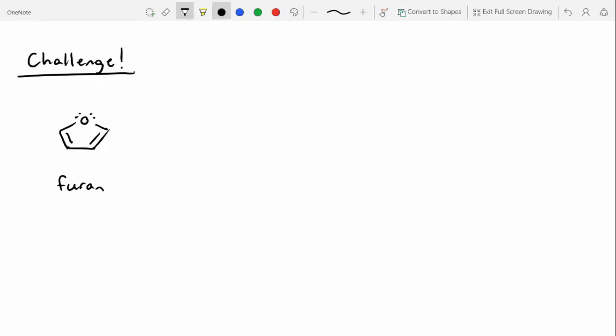Is this aromatic? It's kind of a tricky question. I've heard students say there are 2 lone pairs, so we've got 4 electrons that are lone pairs. We've got 4 electrons in the pi system, so wouldn't that be 8 total electrons and violate Huckel's rule?